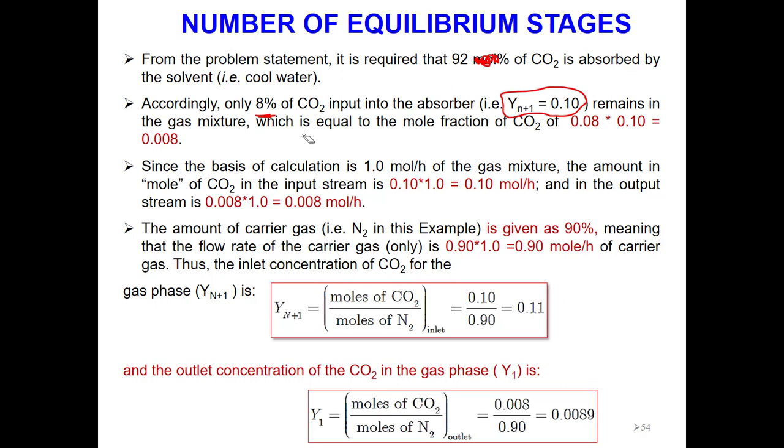So the mole fraction of my CO2 at the end, this is again lowercase y, at the top, which is y1, is 8% of the initial mole fraction. That gives you 0.00008.